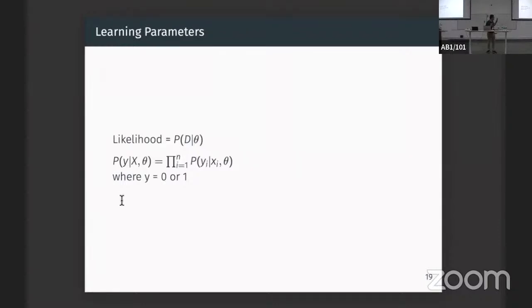Here we know that y, the ground truth for a particular sample, is either 0 or 1. There is that correspondence. There we had the probability of heads is equal to theta. Here we have the probability of yi given xi and theta. If we just figure out these two terms, we are done.